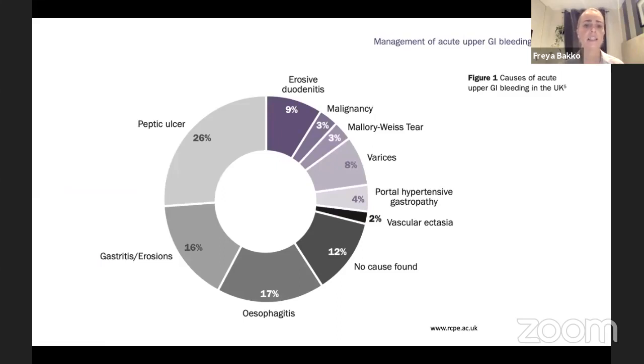So this is about 26%, so about a quarter of patients presenting with upper GI bleeds have them due to peptic ulcers that are bleeding. Then we have gastric erosions or esophageal erosions causing 16%, esophagitis causes 17%, and varices causes 8%. So not a huge amount of patients present with varices, but a very important differential to exclude.